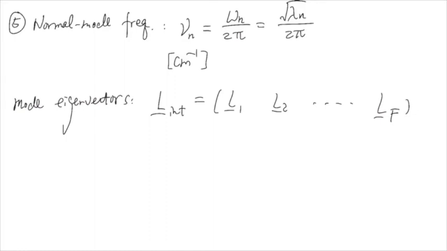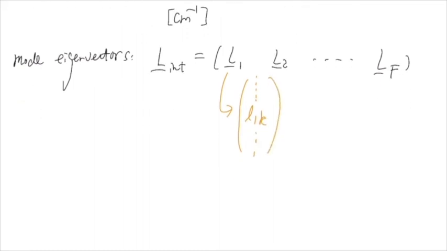For instance, L1 is a column vector in which the element is L1K, the Kth row is L1K. What is L1K? This is the normalized amplitude or normalized displacement for the Kth coordinate in normal mode 1, right? So this matrix L is used to diagonalize the Hessian.